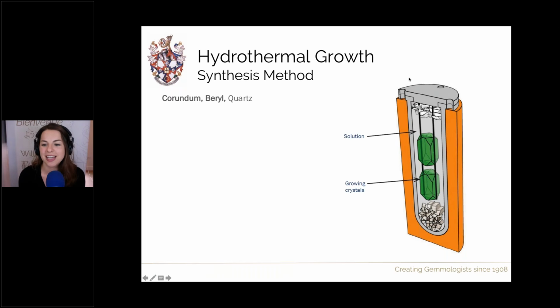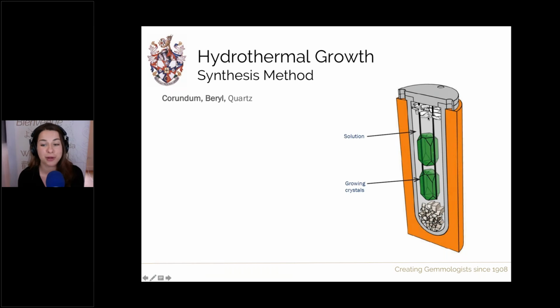So we have a piece of equipment known as an autoclave. We fill it about halfway with water, put the feed material inside the autoclave, and then seal it shut. We then heat it until the water becomes this very heavy, dense vapor, and this is capable of dissolving the feed material within.